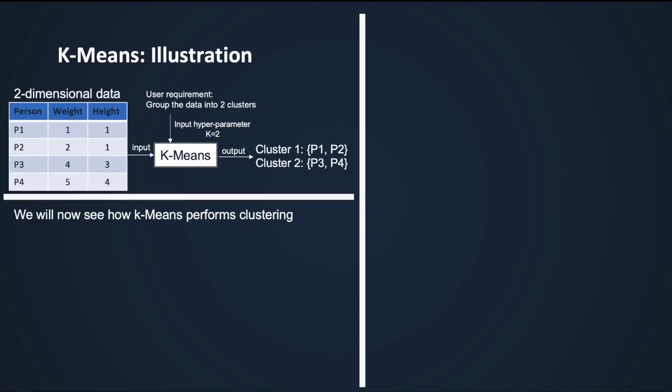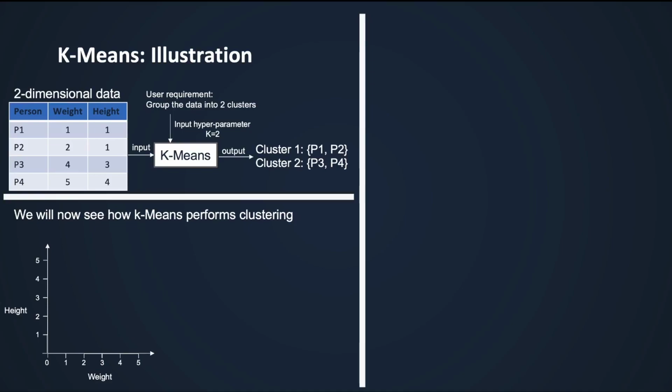We will now see how the k-means algorithm performs clustering on this dataset. First, let us visualize the given dataset using a graph. Let the x-axis represent the weight of a person and the y-axis represent the height of a person.